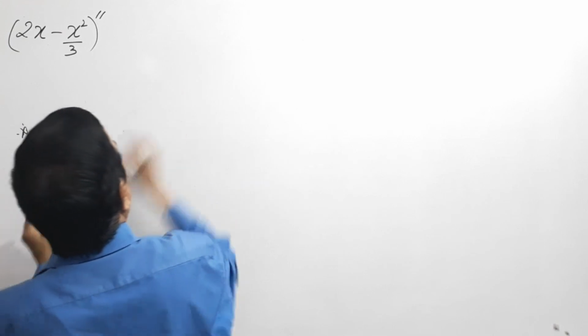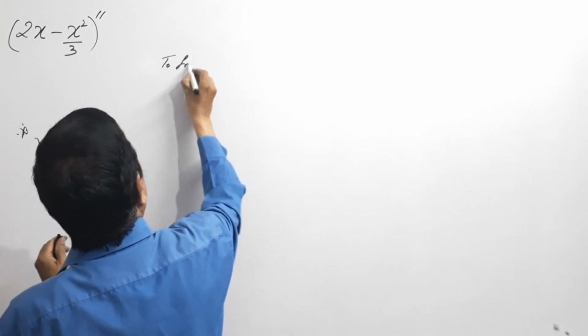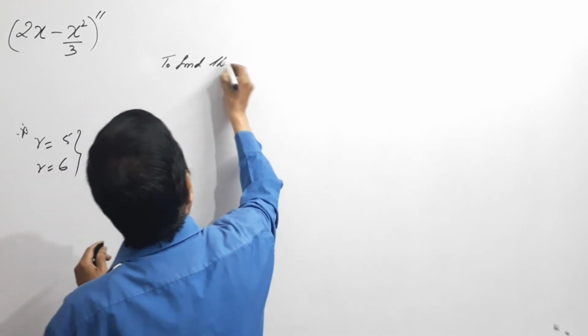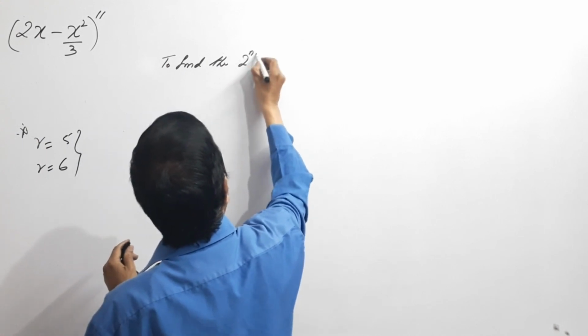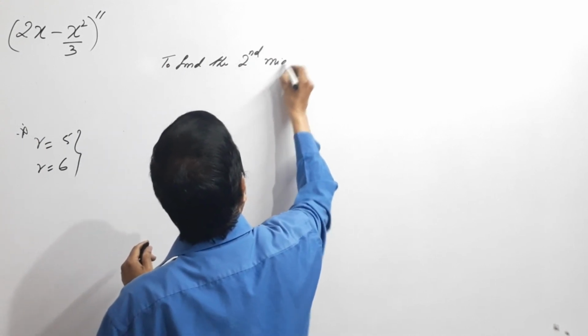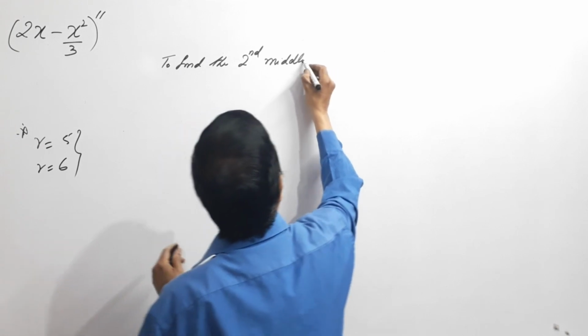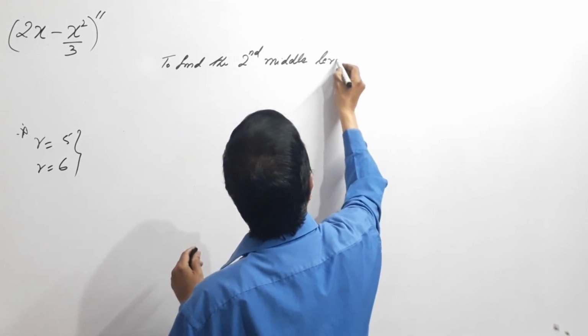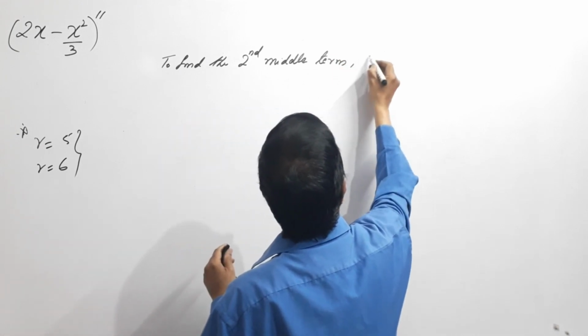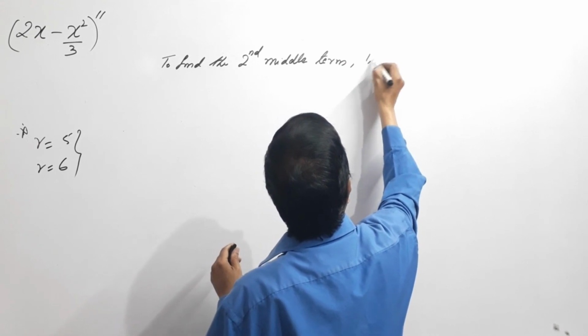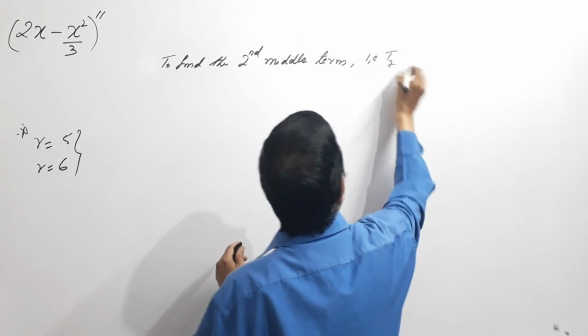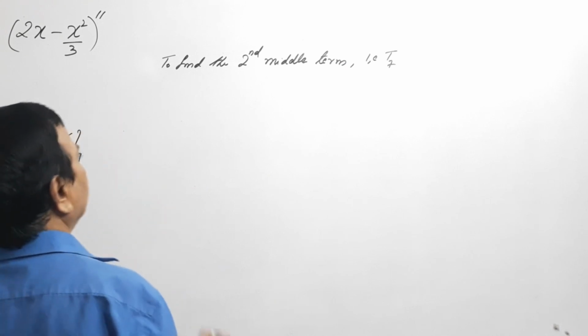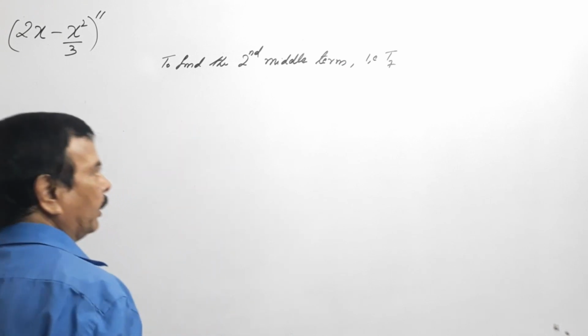To find the second middle term, that is T7, we have to find out T7. How to go about it?